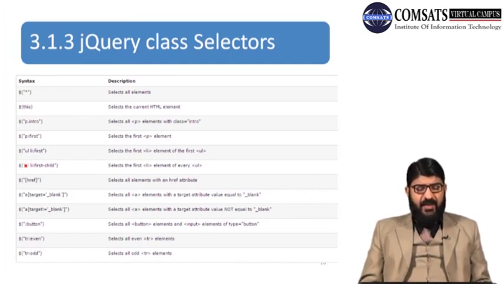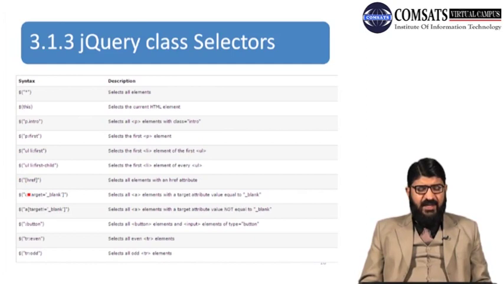Then ul li:first-child is mentioned. It means select the first list item element of every unordered list. And then [href] is mentioned, which means all the elements with an href attribute will be selected.